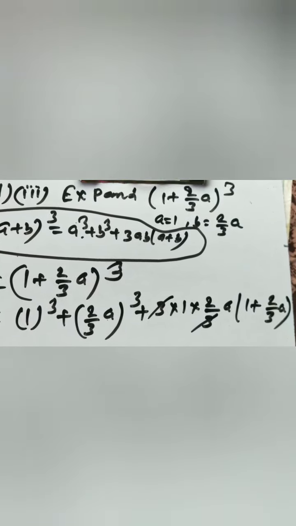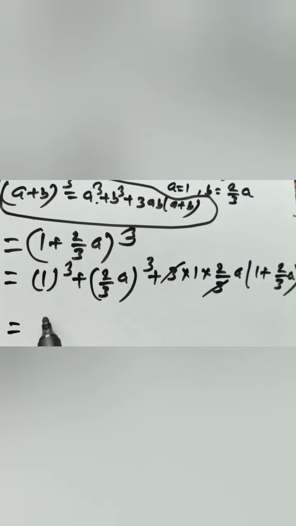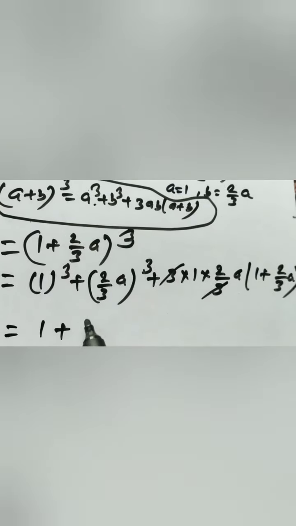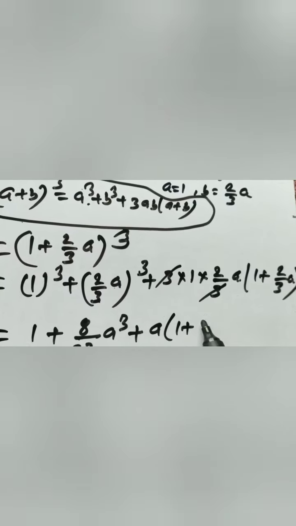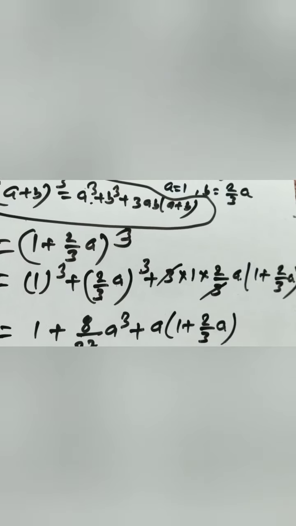Now this 3 will be cancelled with this 3, then 1 cube will be equal to 1, 2 cube will be equal to 8, 3 cube will be equal to 27, and a cube will be a cube, plus 1 into a, that is a, multiplied by (1 plus 2 by 3a).